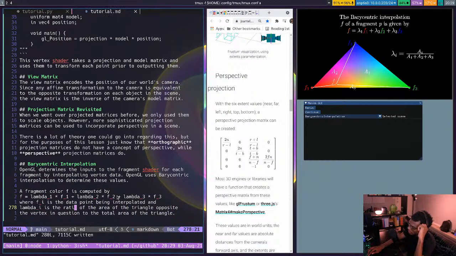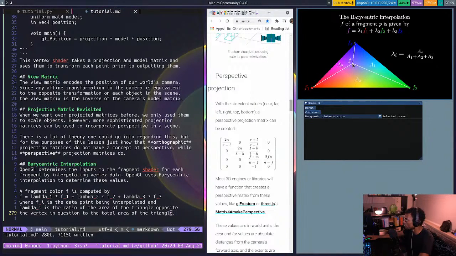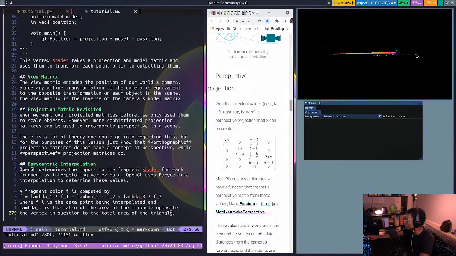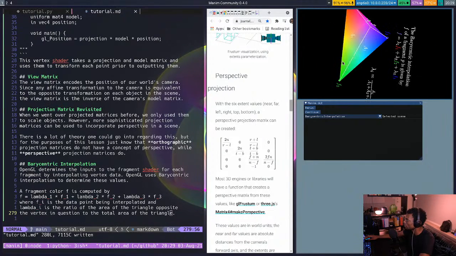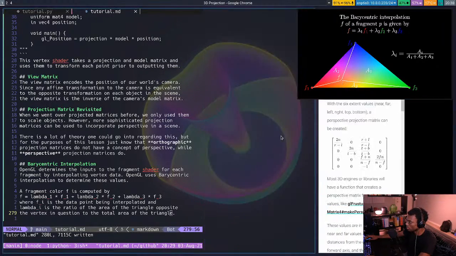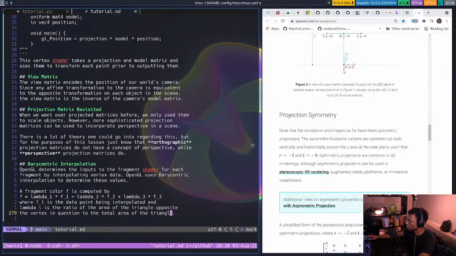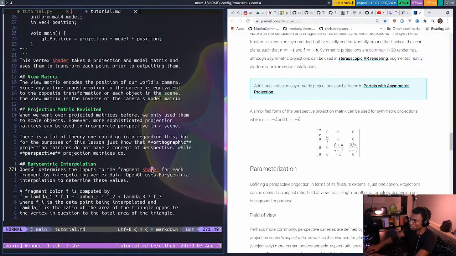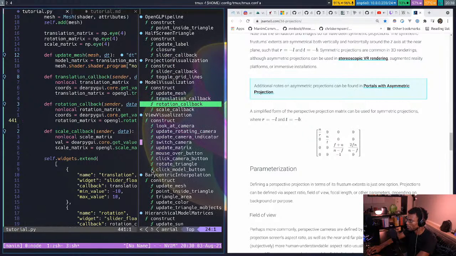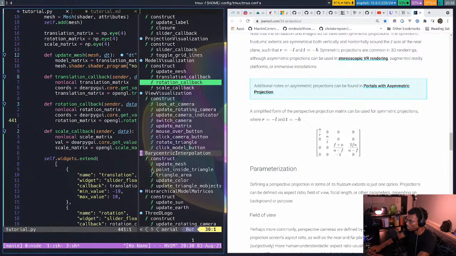The ratio of the area of the triangle opposite the vertex in question to the total, yeah. So that's accurate. It's not that understandable. Luckily, the picture is really understandable. Oh, if I turned off the controls, though. Cool. This is great. I'm making so much progress. So that's barycentric interpolation.